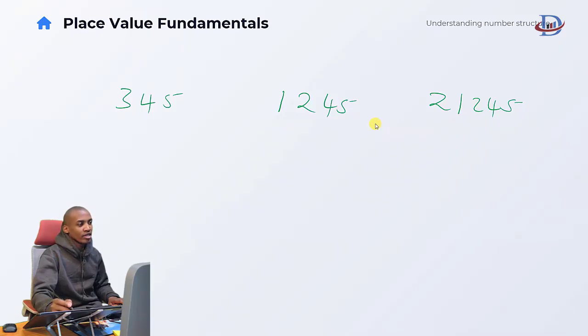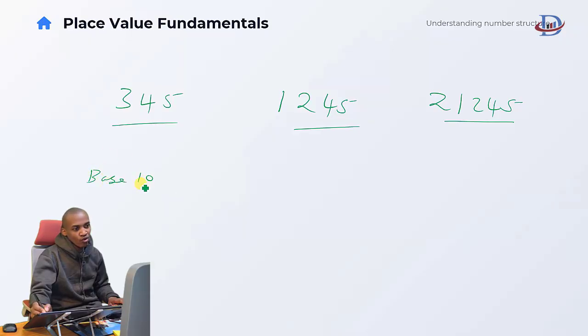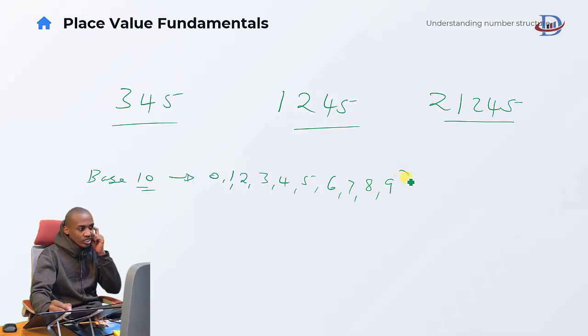In numbers, we are talking about base 10. Base 10 here refers to the digits 0, 1, 2, 3, 4, 5, 6, 7, 8, and 9, which are the digits we use in our numbers.